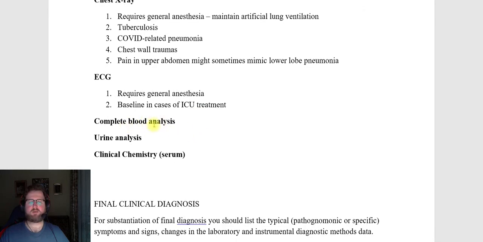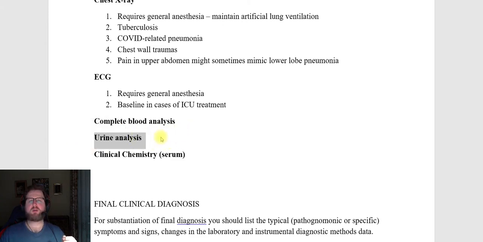Complete blood analysis will show us signs of anemia, the drop of hemoglobin, increase of white blood cells and specific subpopulations of white blood cells in cases of acute inflammation, together with C-reactive protein.